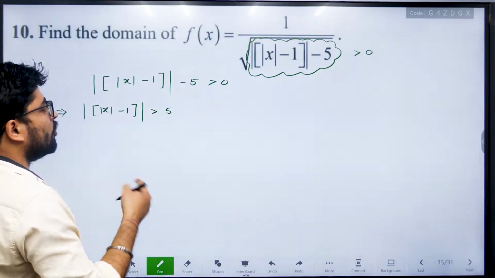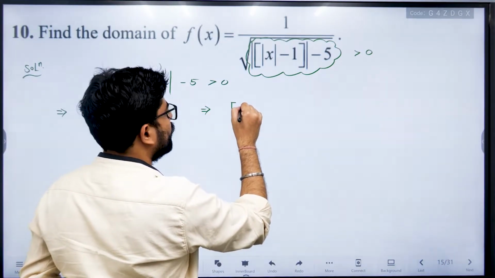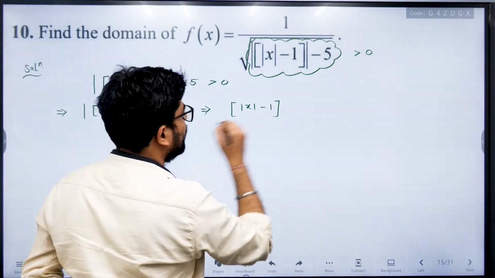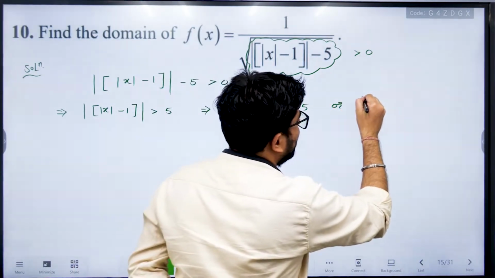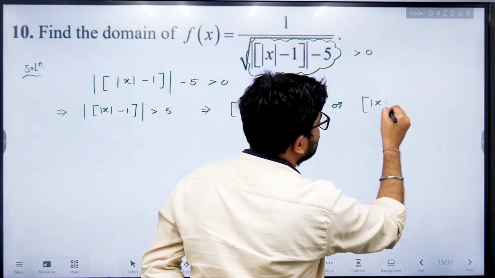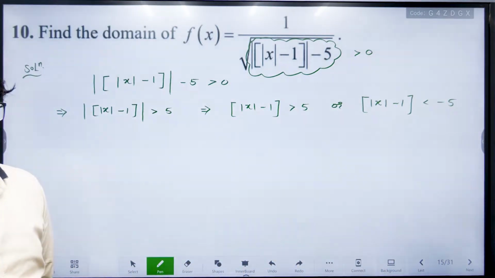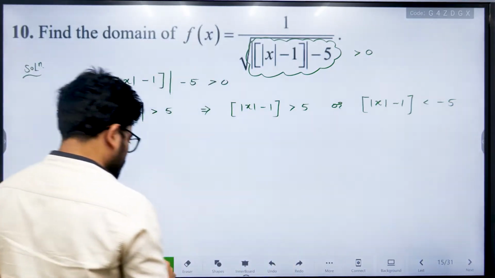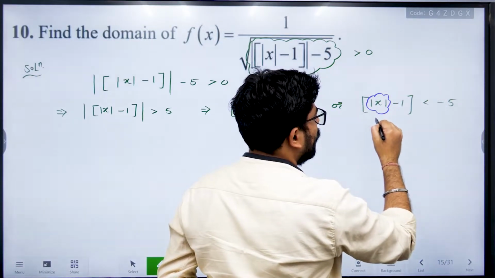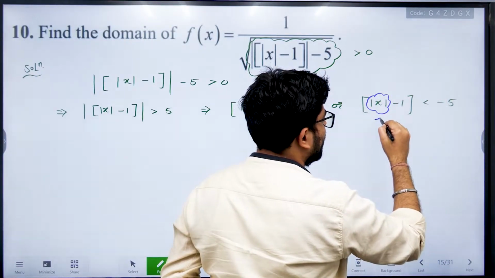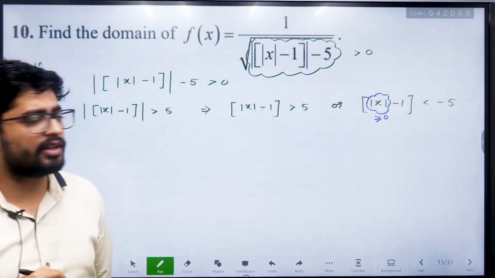If mod of something is greater than 5, we have two cases. Either greatest integer of mod x minus 1 is greater than 5, or greatest integer of mod x minus 1 is less than minus 5. Now if you observe something here, mod of x is always non-negative, greater than or equal to 0.